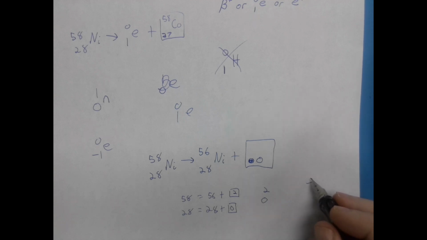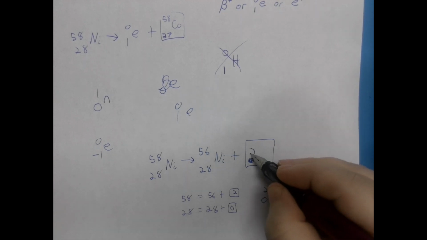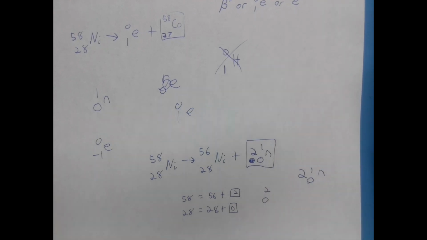The closest thing is 0 and 1 for a neutron, and we just multiply by 2. So 2 neutrons.